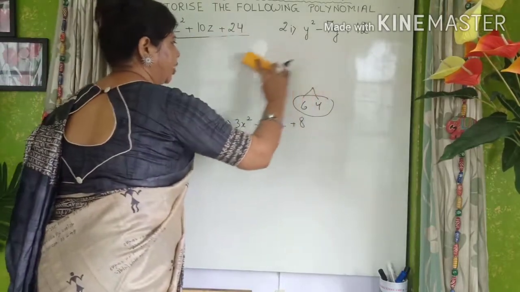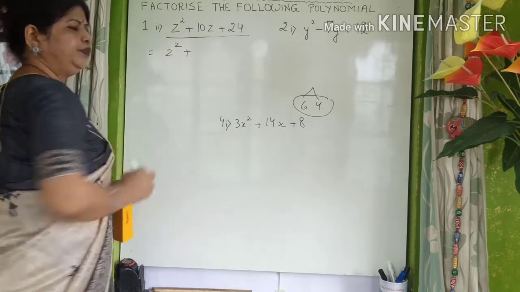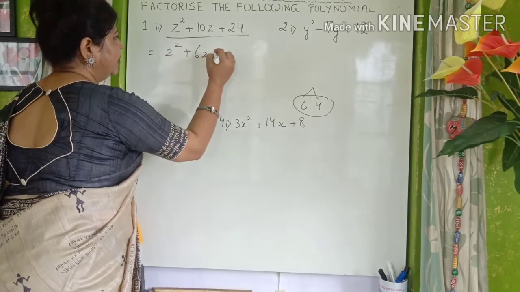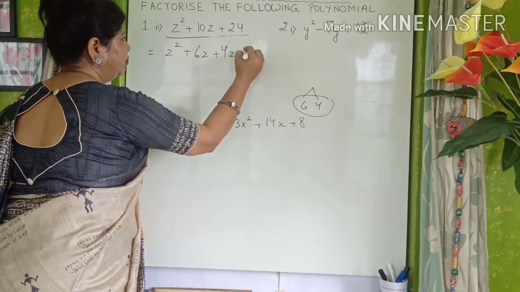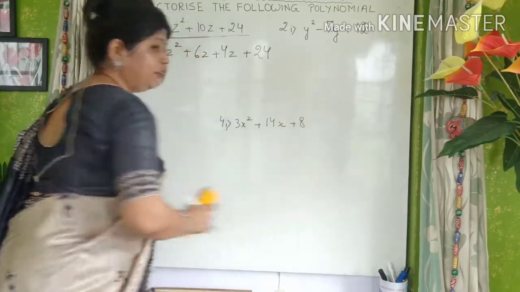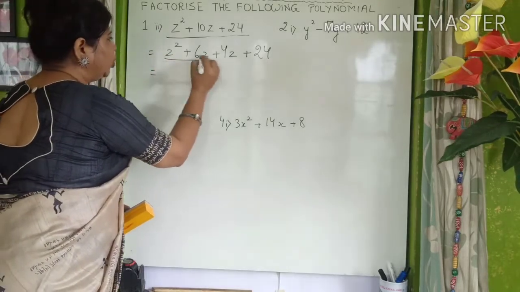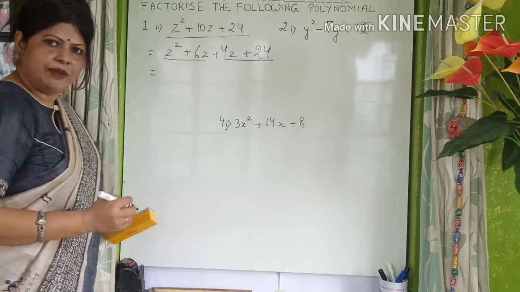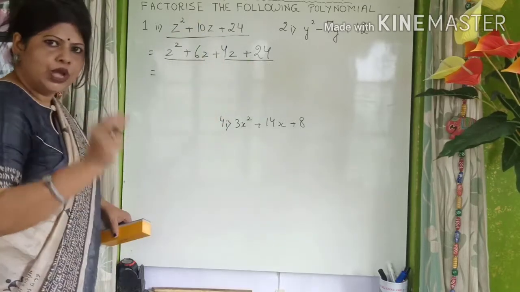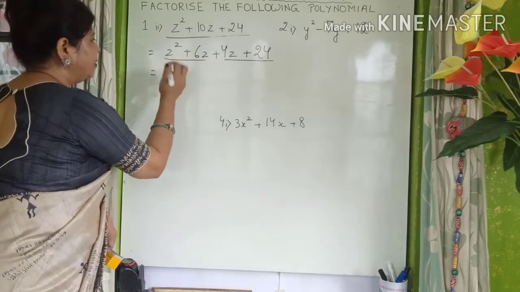So the same expression now I will write as z square plus 10z as 6z plus 4z, plus 24. You will see, you will get it back in the format of x plus a and x plus b. Now you group them, because now I have a common factor in this group also, that group also. Here what is the common factor?